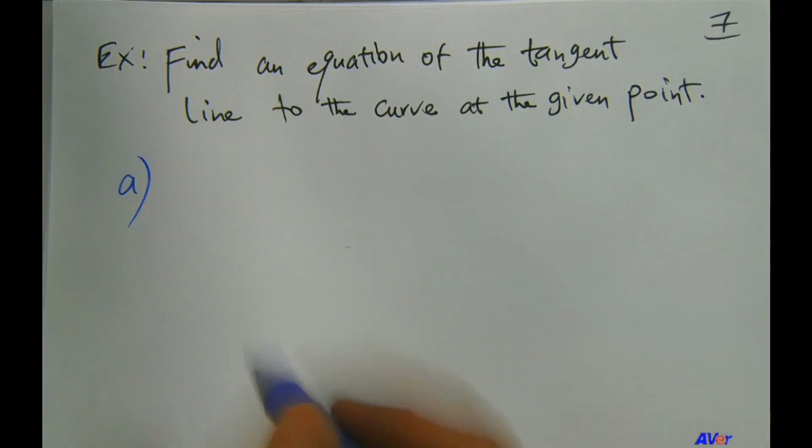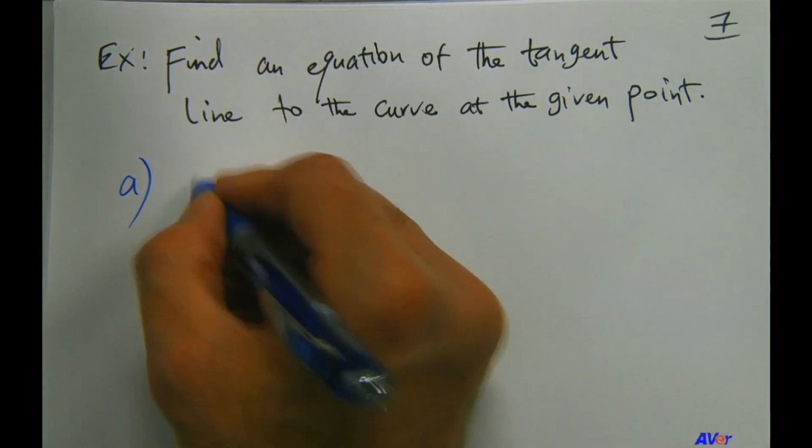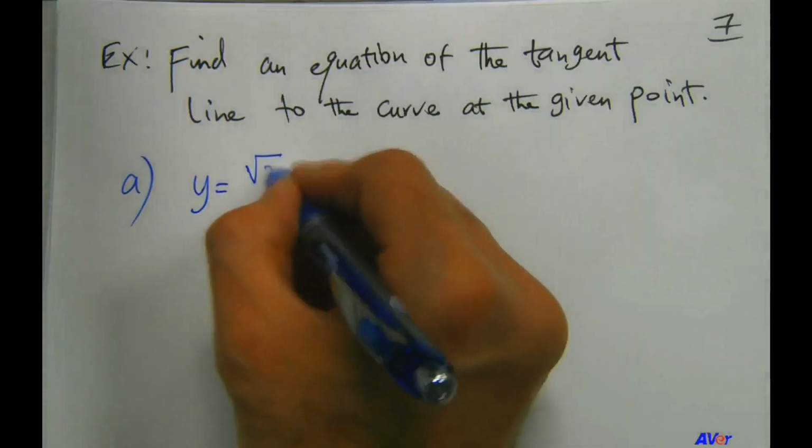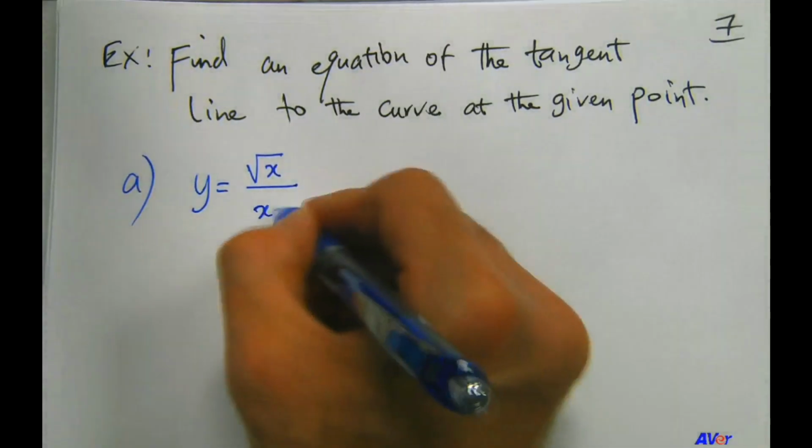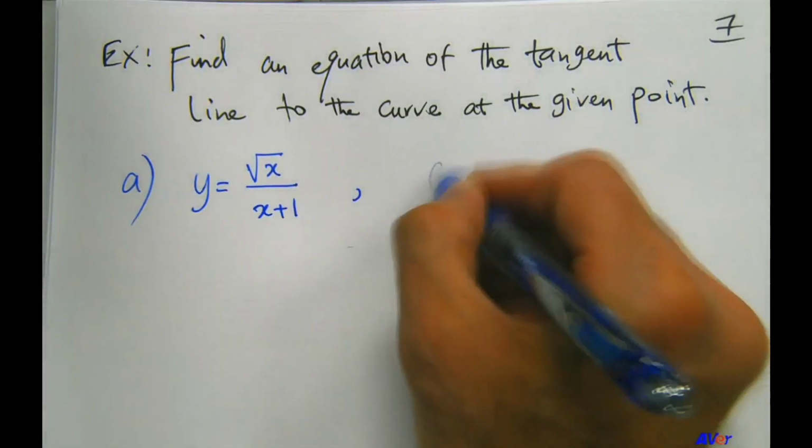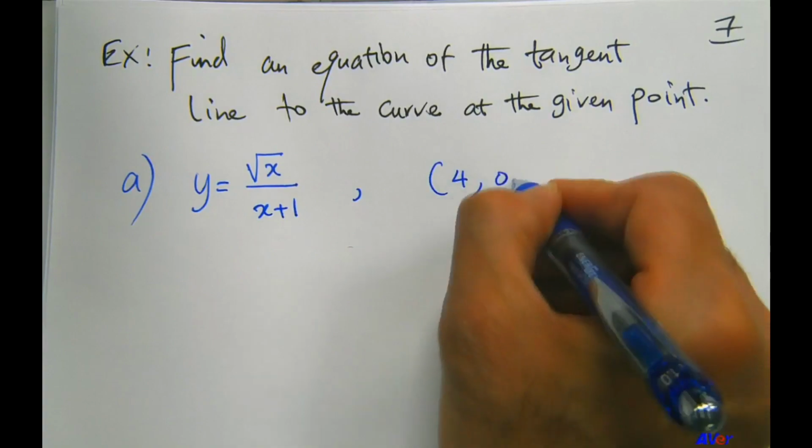We want to do that for this curve, square root of x divided by x plus 1, and then the point is (4, 0.4).